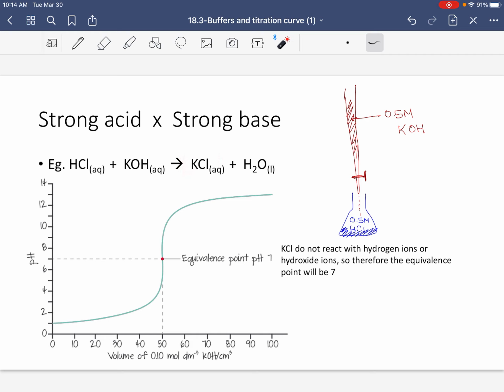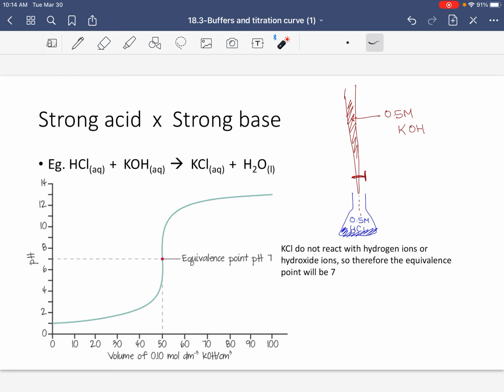And what we want to monitor is the pH, because HCl dissociates to give you H plus and Cl minus. Every time you add KOH, it also dissociates to give you K plus and OH minus, right? The OH minus will take away the H plus from HCl and turn it into water, which is exactly what one of the products is.